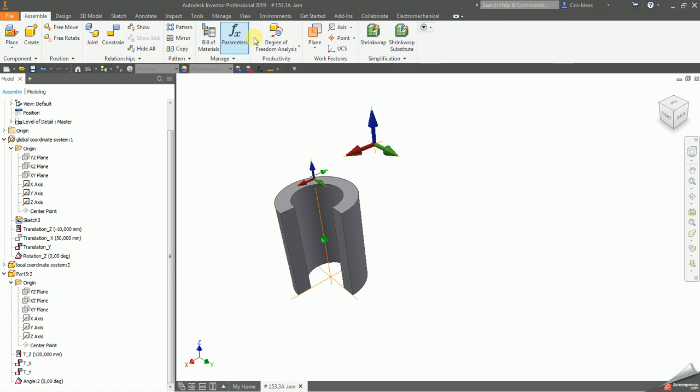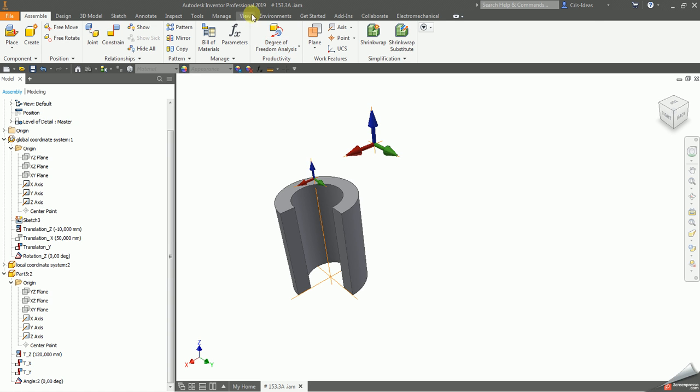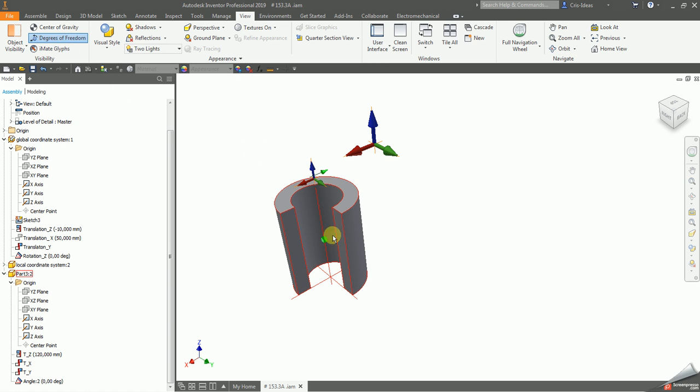If we go to the degrees of freedom analysis, we have indicated only the translation degree of freedom for the local coordinate system, so this triad, and we have none indicated for the part. This is related to the part being indicated as following.